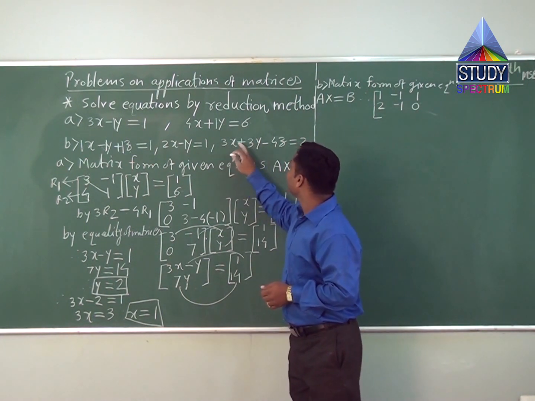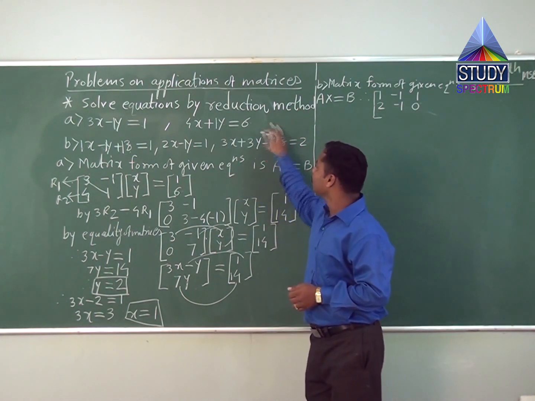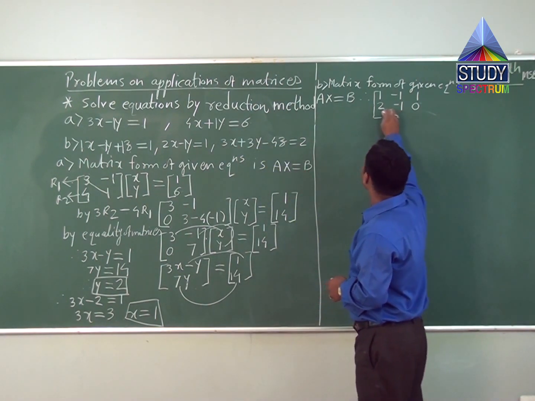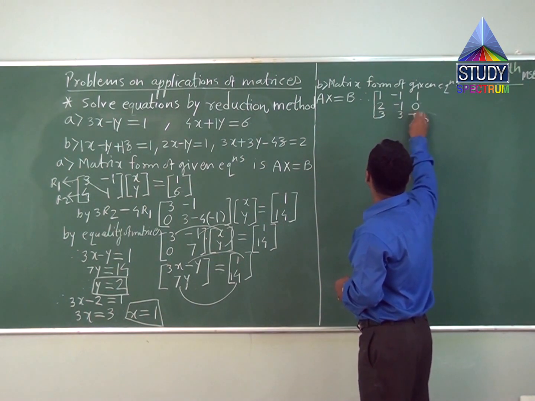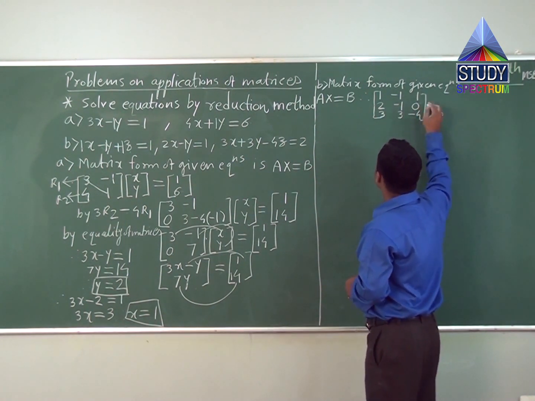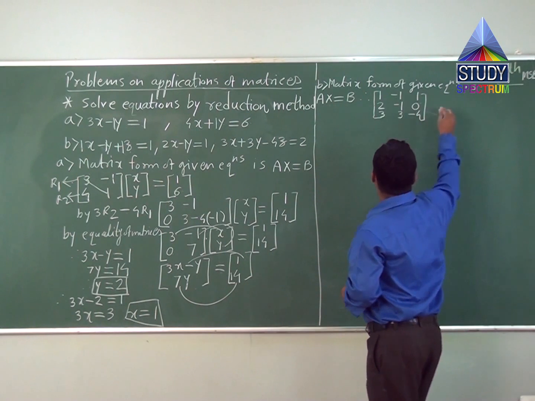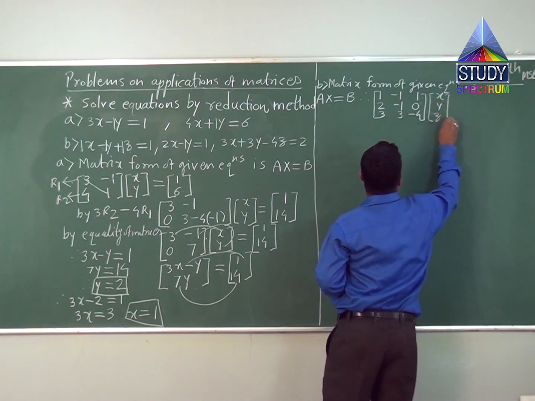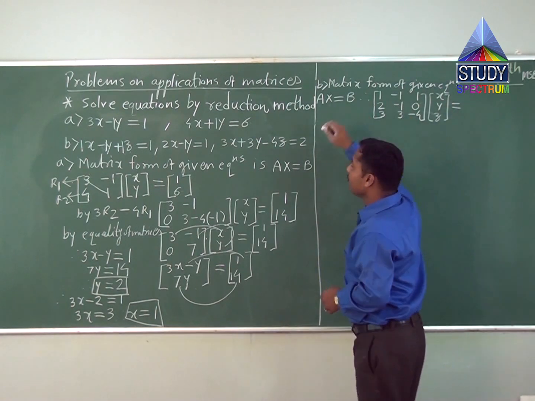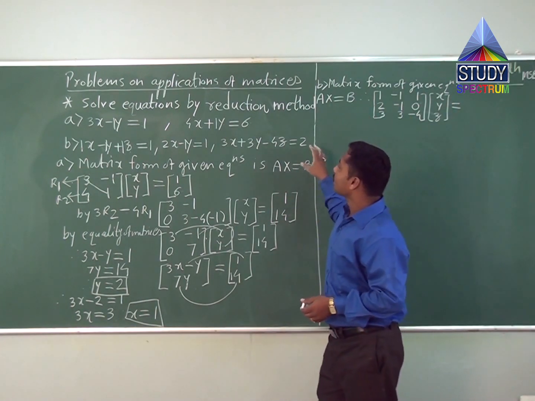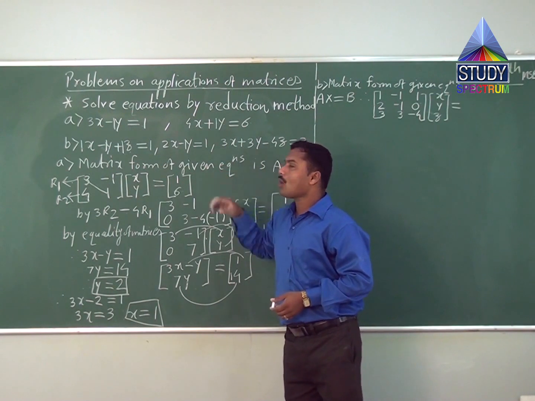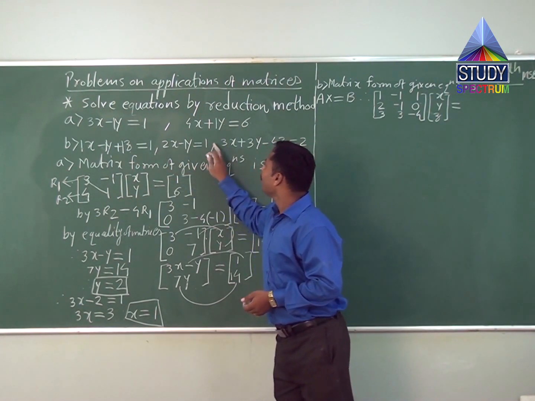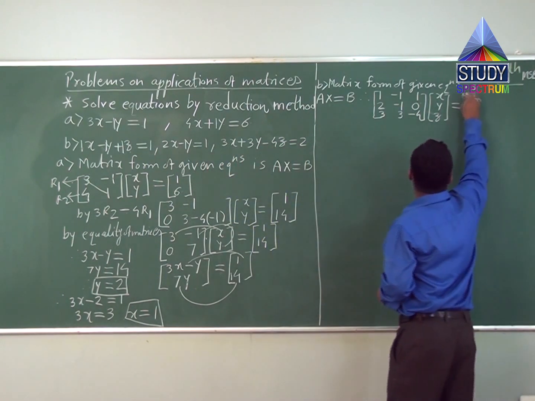Again here 3, -4 is the coefficient of x, y, z. So third row: 3, -4. Capital X is nothing but X, Y, Z, equal to capital B, which means the column matrix of numbers on the right hand side: 1, 1 and 2.